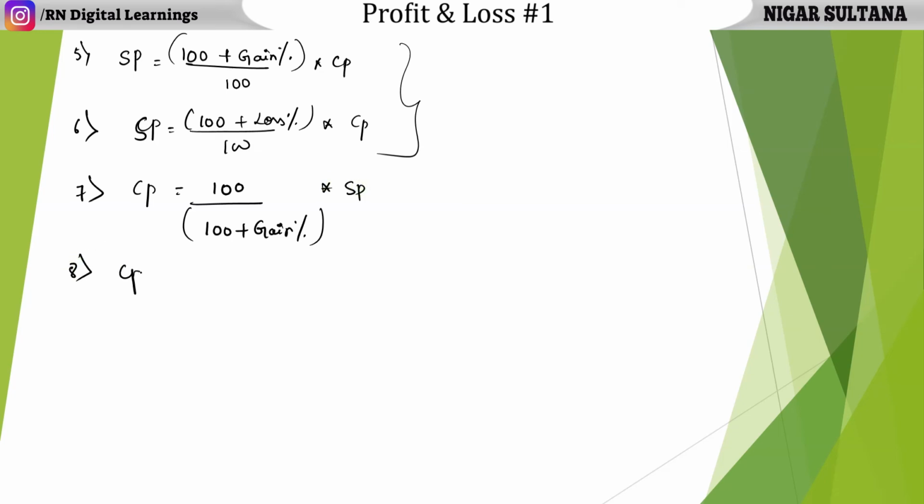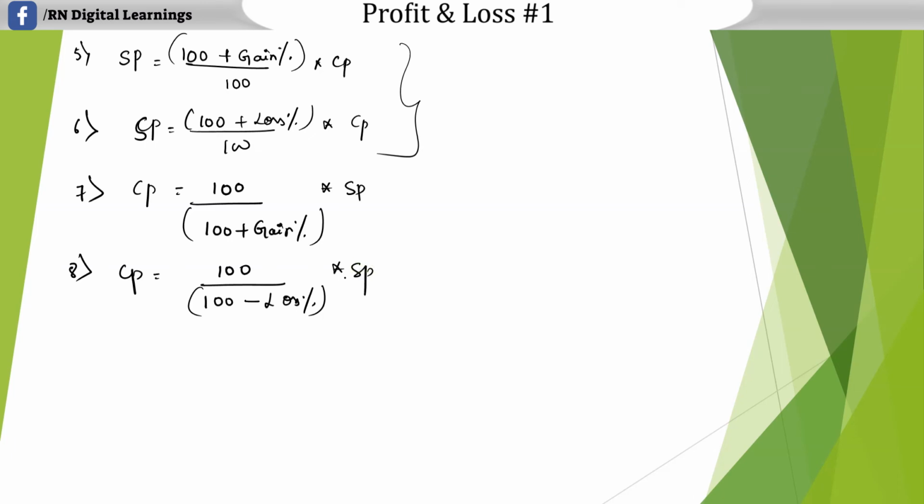This is the formula we use when the gain percentage is given. Now when the loss percentage is given, it is 100 minus loss percent into the selling price.